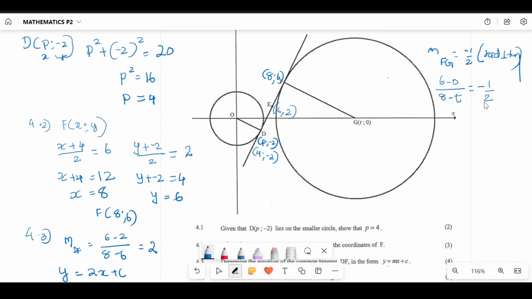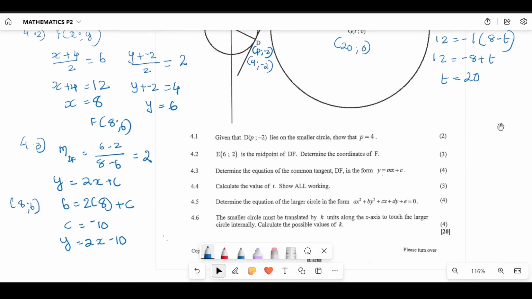Cross multiplying, 6 times 2 is 12, equal to negative 1 times (8 minus t), that is 12 equals negative 8 plus t. Therefore t equals 12 plus 8, 20. That also tells us that the center of the circle is (20, 0). Okay, so we found t.